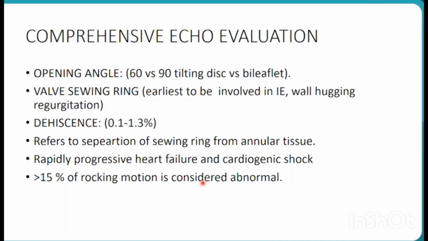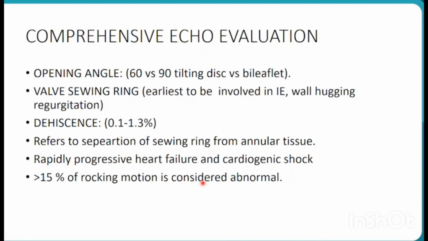The fortunate thing is it is seen in only 0.1 to 1.3% of the prosthetic valves. If the dehiscence is acute, the patient will have rapidly progressive heart failure and even cardiogenic shock.